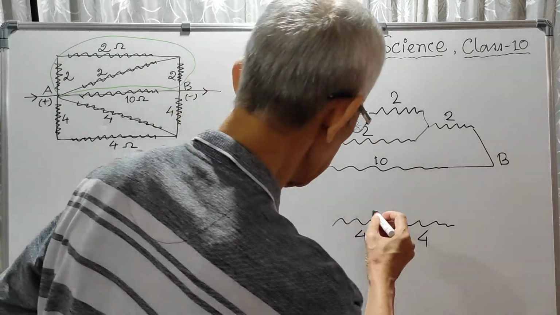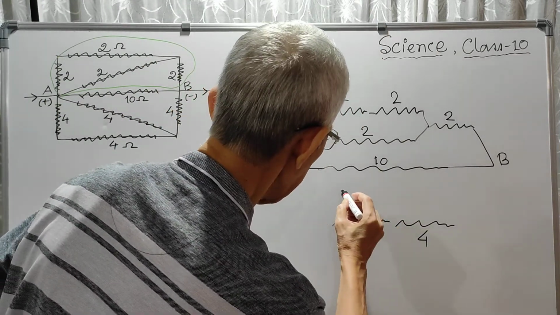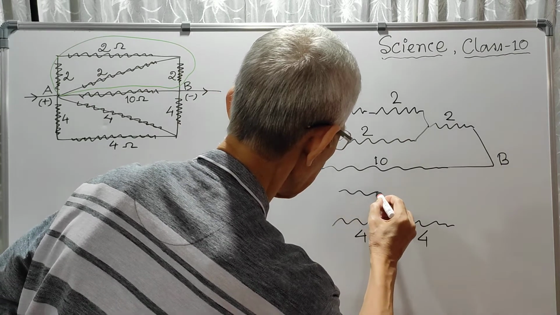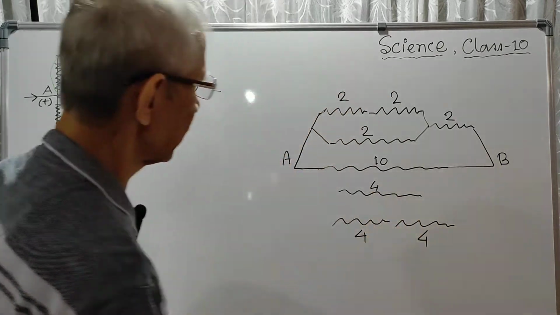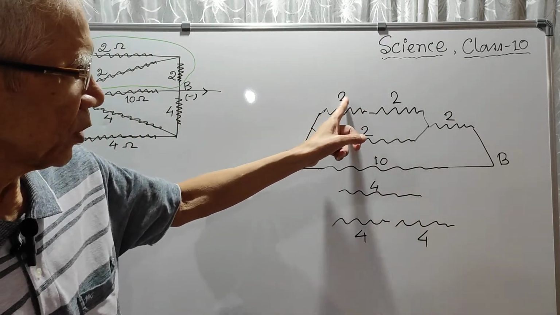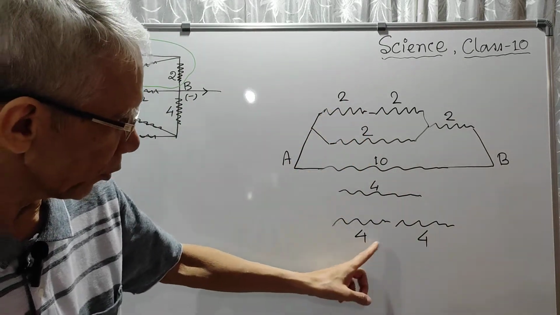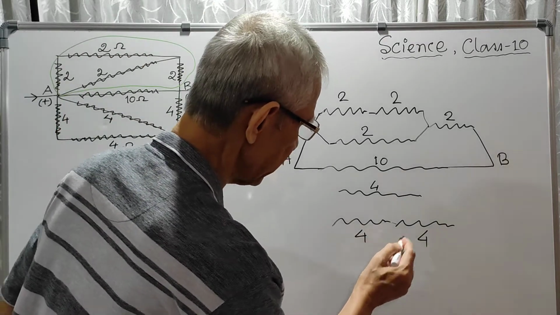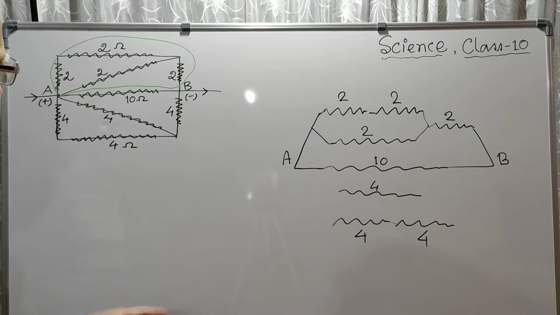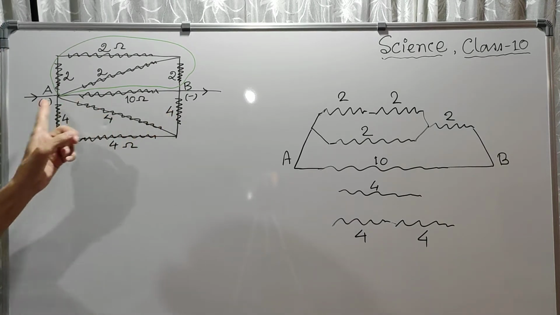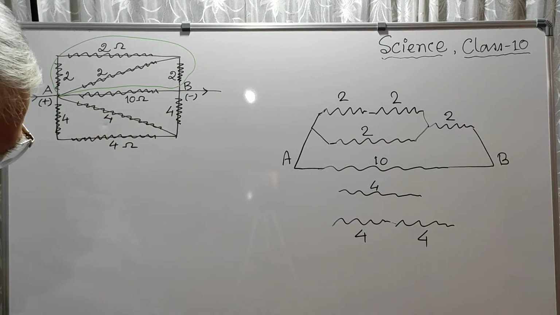So there is 4 and 4 in series, and then with this 4 plus 4, 8, this 4 is in parallel, okay. Then this 4 is in series with this group. So this is another group, suppose.